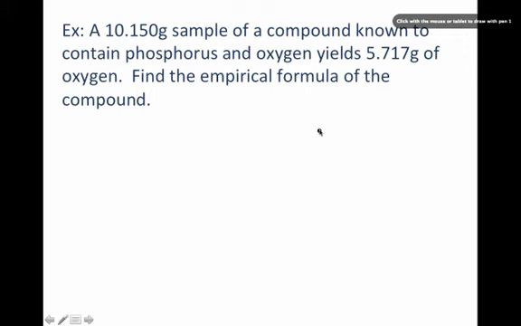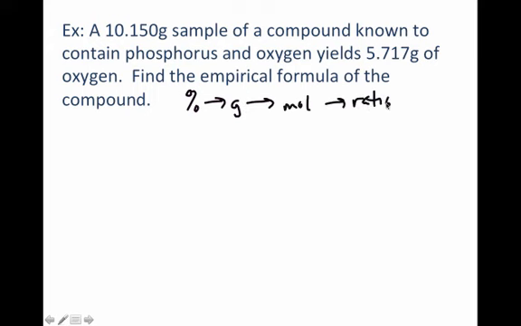Find the empirical formula of the compound. So again, if we think of that little flow chart, we did percent to grams to moles to the ratio. This time we're not starting with percent, we're going to start directly with grams.